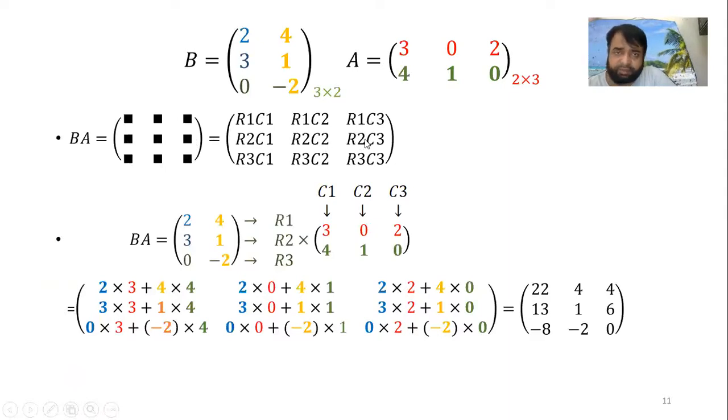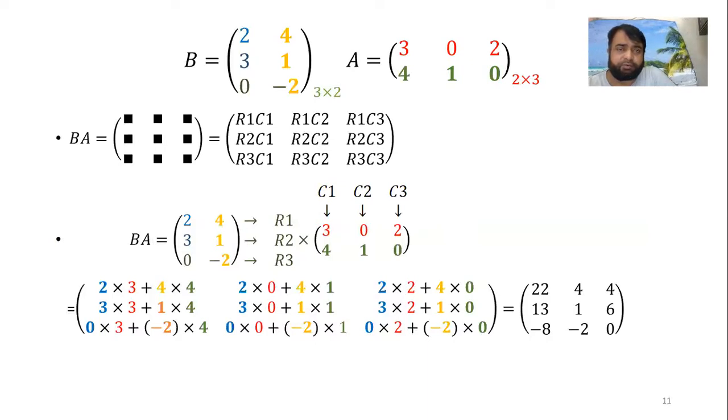Then row 3, column 1, row 3, column 2, and so on. When I find these elements, accordingly I will select the row and column. The row would be selected from the first matrix, that is matrix B here, and the column would be from the second matrix, that is matrix A here.